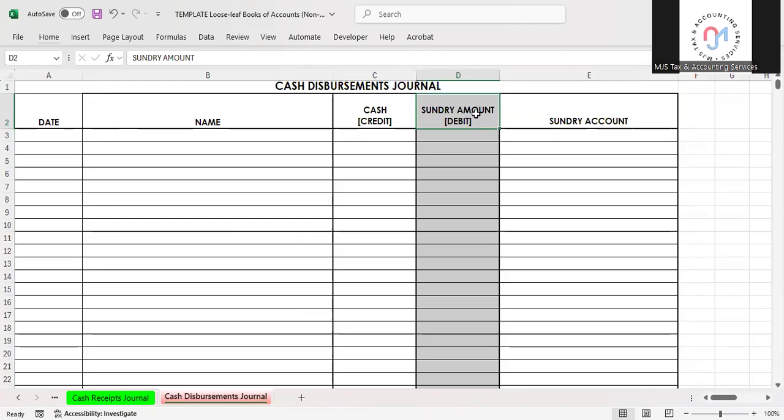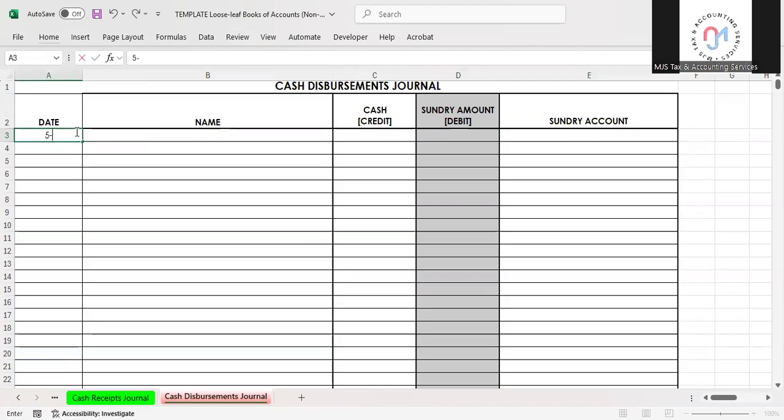It could mean several transactions. So instead of placing a fixed debit amount for the expense, we just placed here sundry amount, and here in the sundry account is where you would place the actual account title for that specific expense.